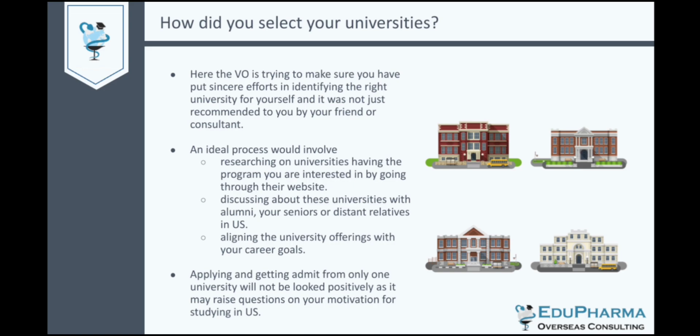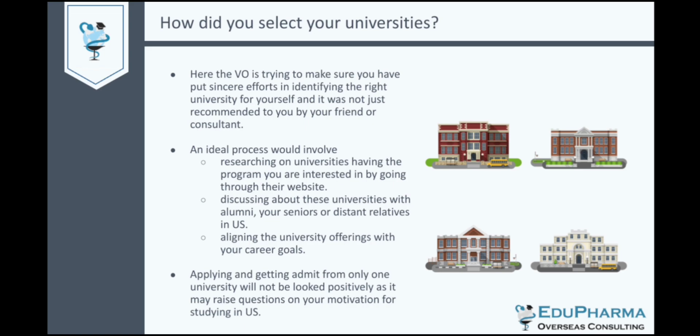So the visa officer is basically looking for this kind of information as to how you went about selecting those universities. So the ideal process would be to research the universities. There is a lot of information available on the website, as we just saw in our last lecture as well.